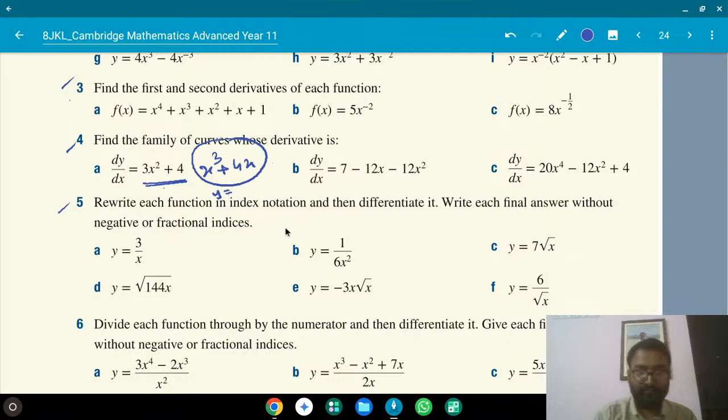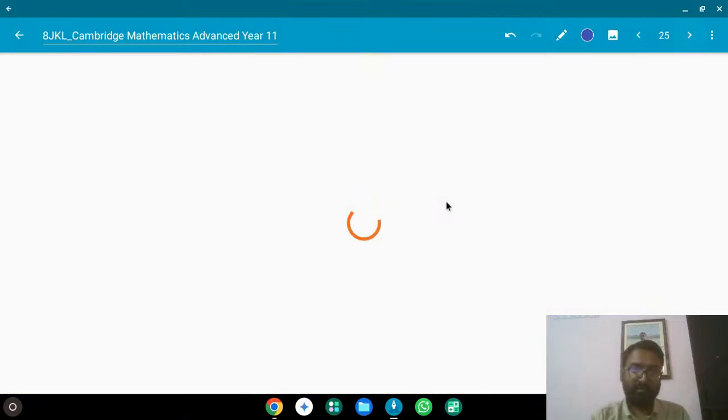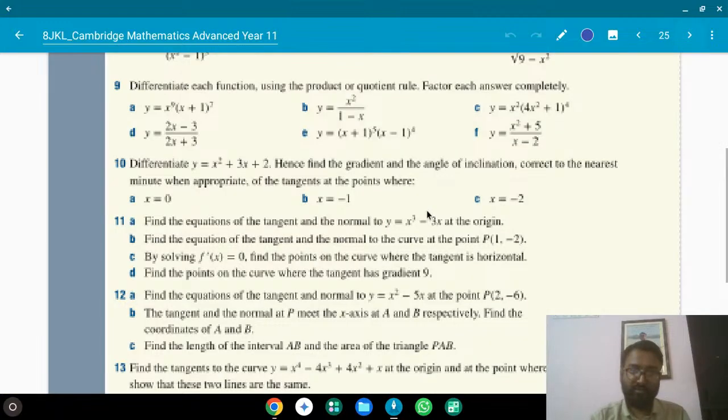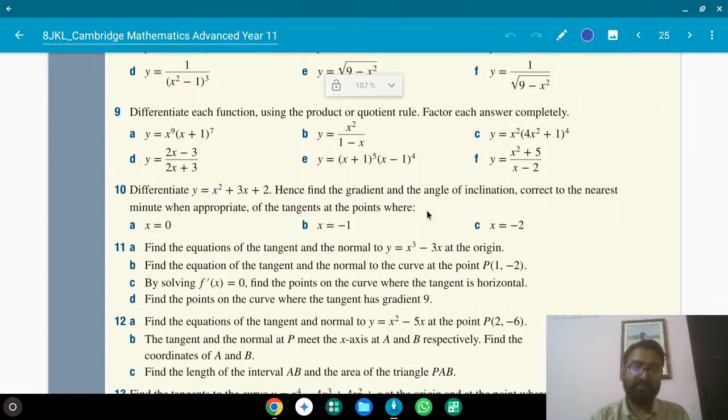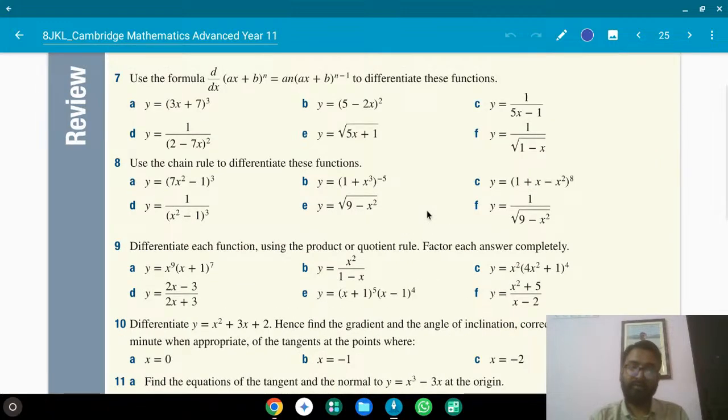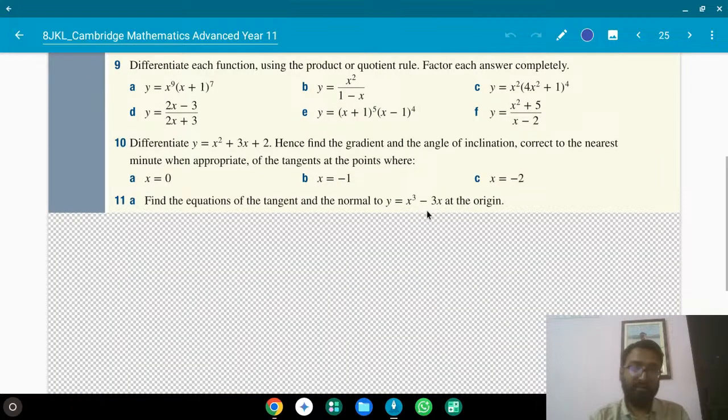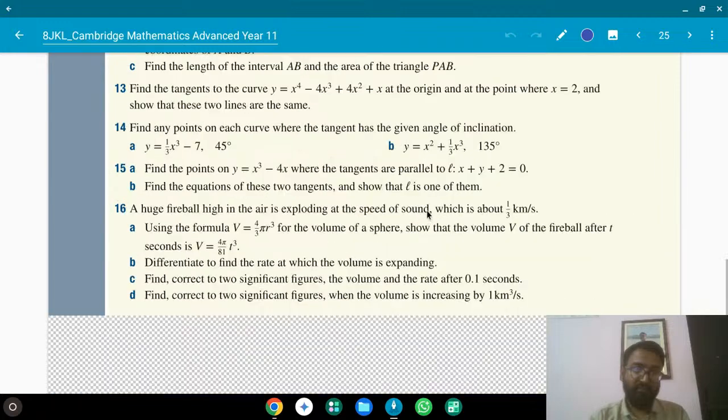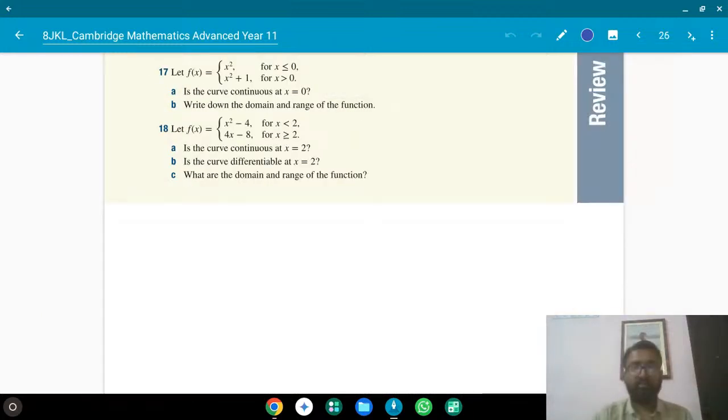Okay, so it is up to 1 to 6, and all points, all functions are questions, normals and tangents. You have to understand each and everything. Okay, revise this, and I will ask the questions from this. So up to only these questions. There is no numerical change. Okay? I will ask the questions from this section only.